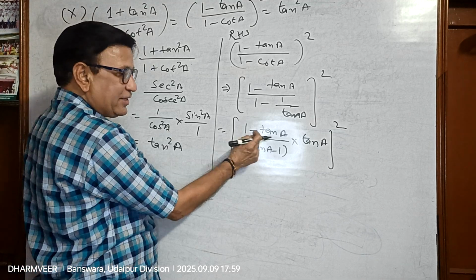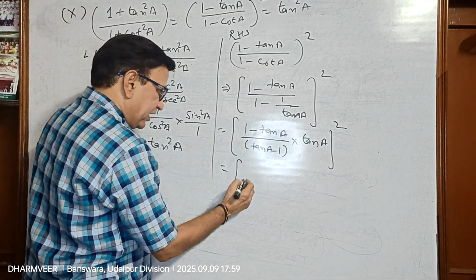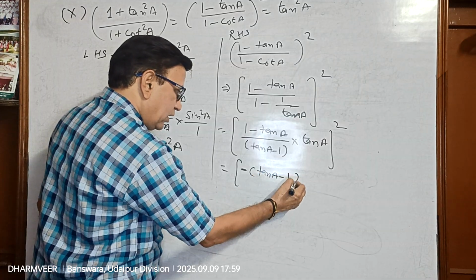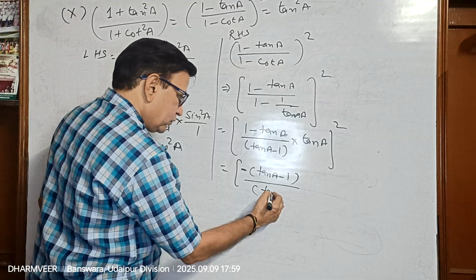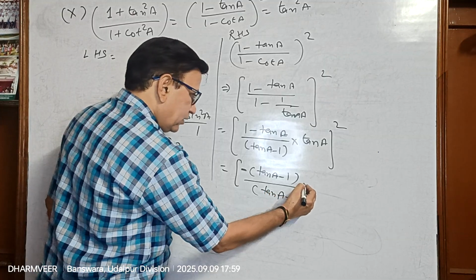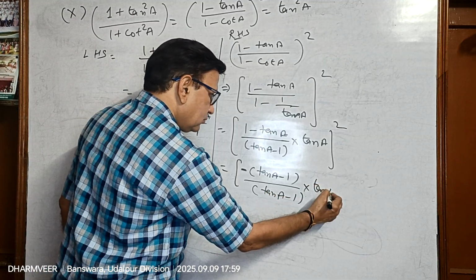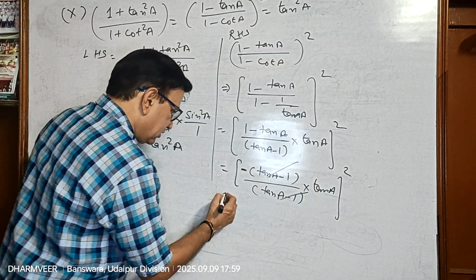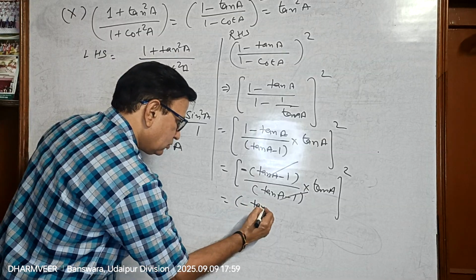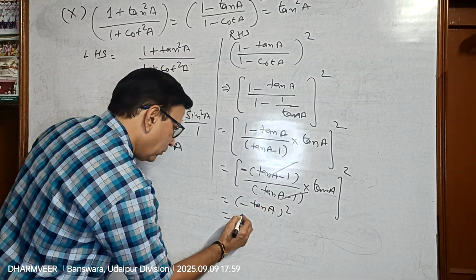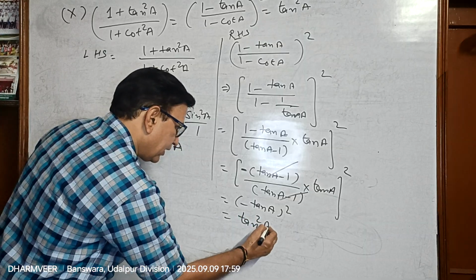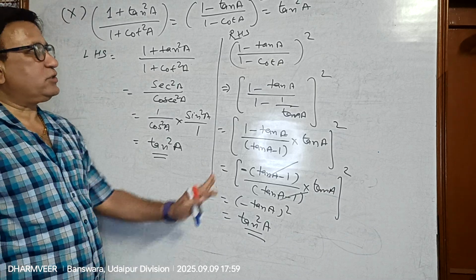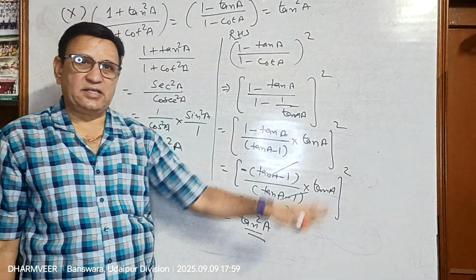You see, this is 1 minus tan a and now tan a minus 1, so we have taken minus as common, and write here (tan a minus 1) upon (tan a minus 1) into tan a, whole square. Clear? Now it has gone: minus tan a bracket whole square is due to you tan square a. Both we are getting equal to tan square a, and therefore LHS equal to RHS equal to tan square a. Hence proved.